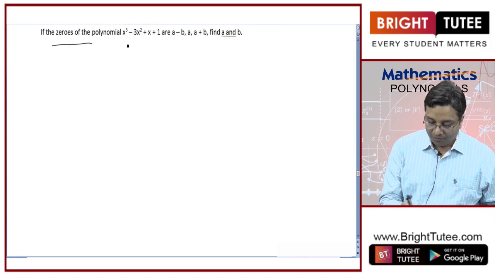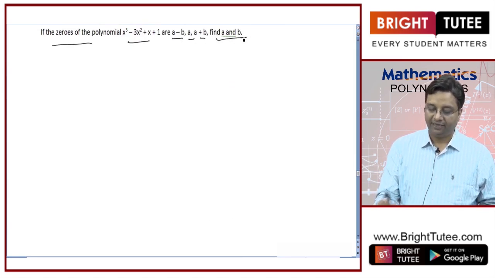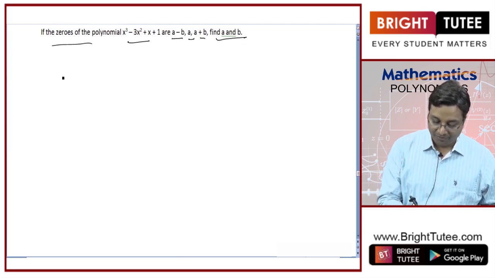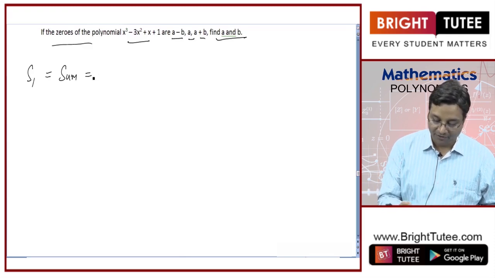Now if the zeros of the polynomial are these three, find a and b. Now from our previous knowledge we know that sum taken one at a time, or let's denote it by S1, right? Sum taken one at a time means a minus b plus a plus b.